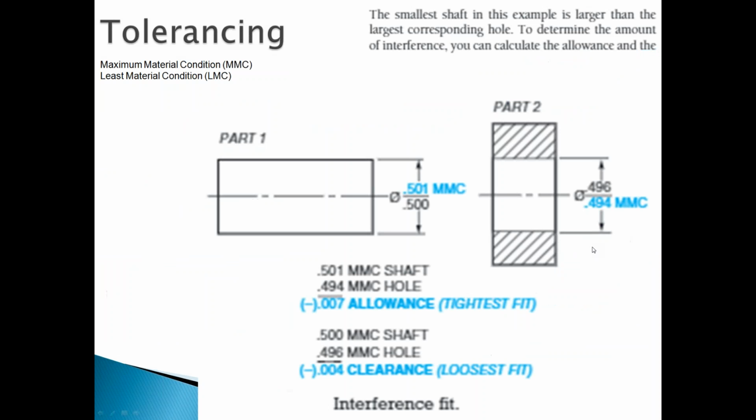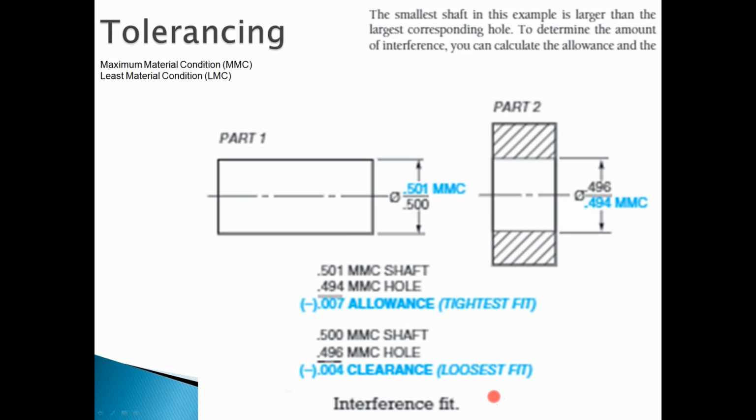If you look at the next example, the smallest shaft in this example is larger than the largest corresponding hole. To determine the amount of interference, you can calculate the allowance.